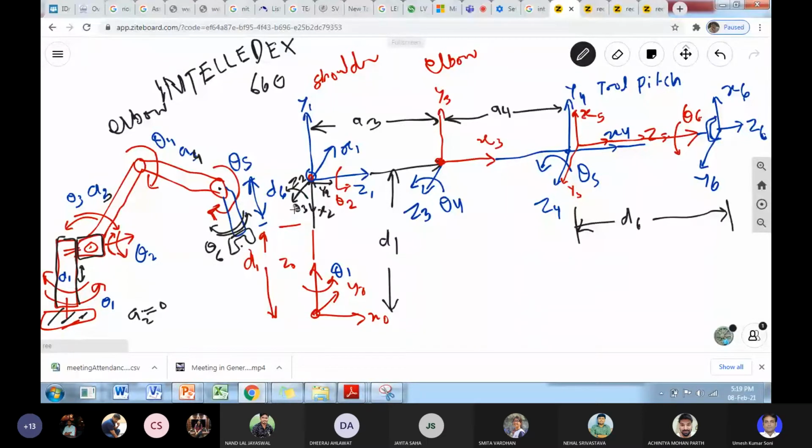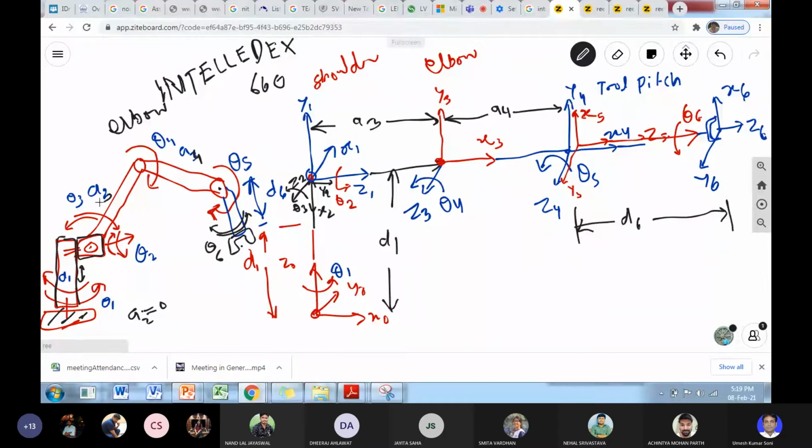So theta 3 is there. This link A3 can change along the z2 axis with angle theta 3. And here theta 2 is perpendicular to this assembly. The whole assembly can be changed, meaning this is changing along the z1 axis with angle theta 2.